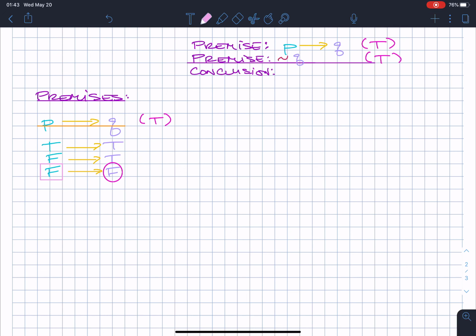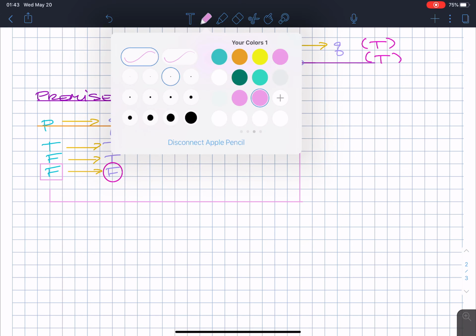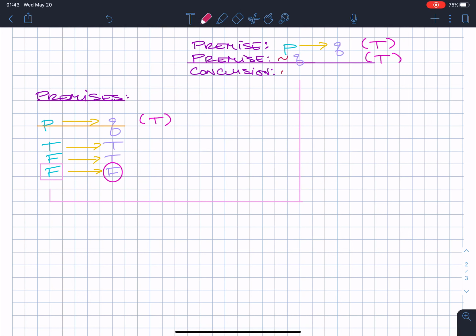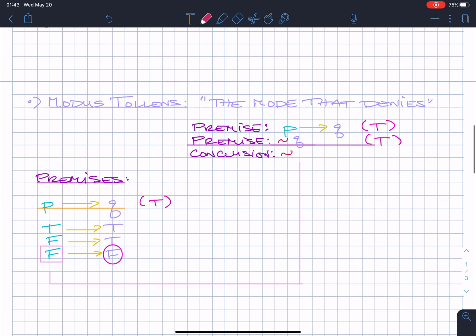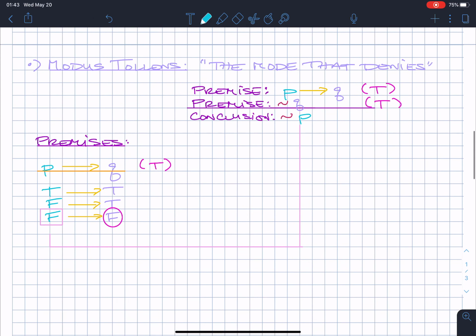If P is false, then what is true? Not P, right? So my conclusion must be not P, because my conclusion needs to be true. This is why we call this the mode that denies, because we have the negation of Q and the negation of P being true, meaning both P and Q themselves are false. Okay.